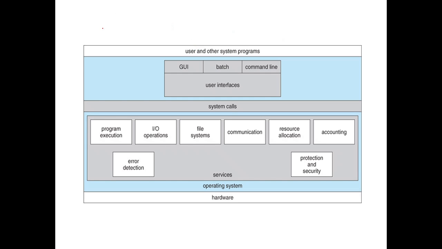In the previous topic, operating system services, we have seen this diagram. This is user mode and this is kernel mode, and in between we have system calls. So what is the work of system calls here? It acts like an intermediary between user mode and kernel mode.